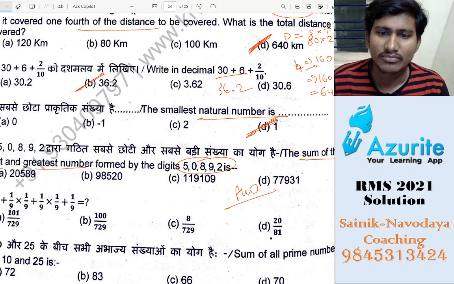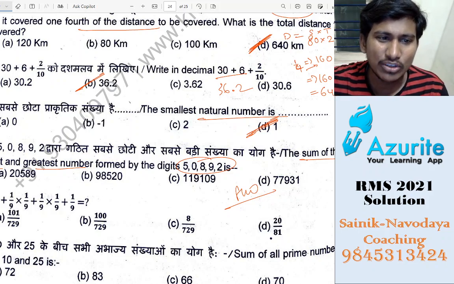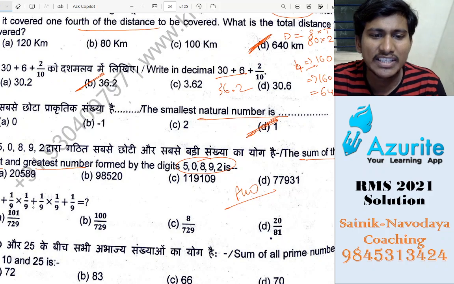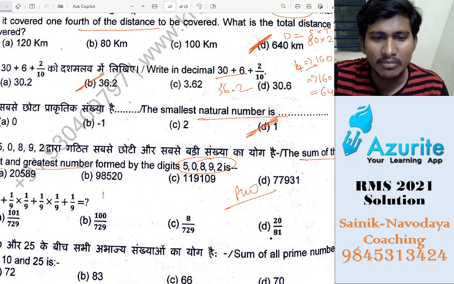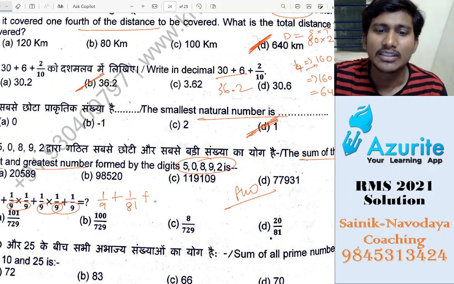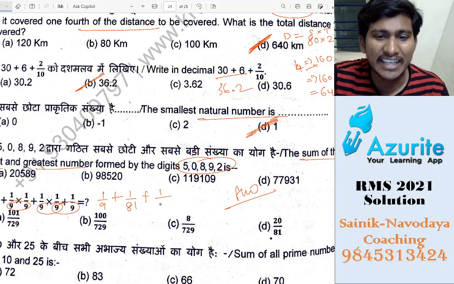Next. Now 190. So 190, if you see, what is the answer? 1 by 9 here. So 1 by 9 plus 9 9s are how much here? 81 plus 1 by, 81 plus 9 9s are 81. 81 9s are how much? 729, that is 9 cube.